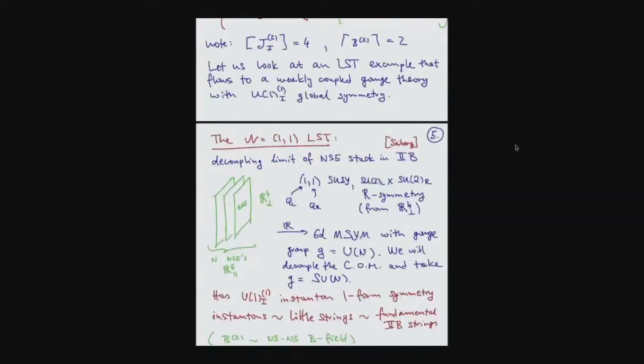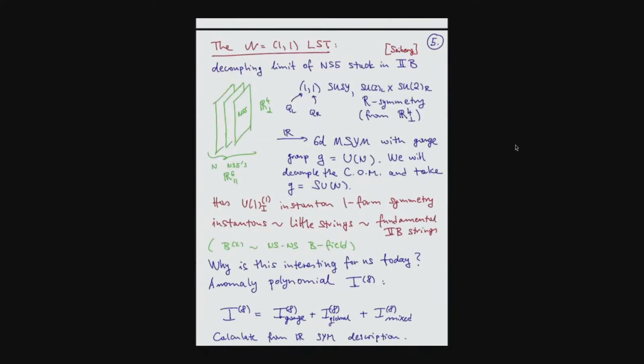So I'm going to start with the maximally supersymmetric (1,1) little string theory in 6 dimensions. This is one of the original little string theory examples introduced by Seiberg. It is easy to visualize as the little string decoupling limit of an NS5-brane stack in type IIB string theory. So here's my NS5-brane stack in 10 dimensions. There's a transverse R^4. There are N NS5-branes. The supersymmetry preserved by this setup is (1,1) supersymmetry in 6 dimensions.